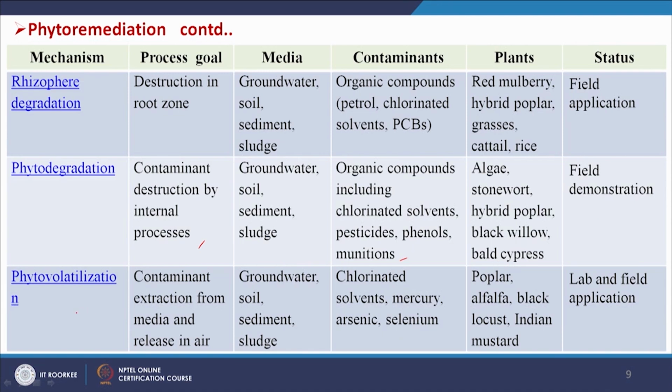And volatilization, where the objective is contaminant extraction from media and release in air. Groundwater and soil sediment have been investigated, and chlorinated solvents, mercury, arsenic and selenium have been used as target pollutants, and poplar, alfalfa, black locust and Indian mustard have been used in lab and field application.